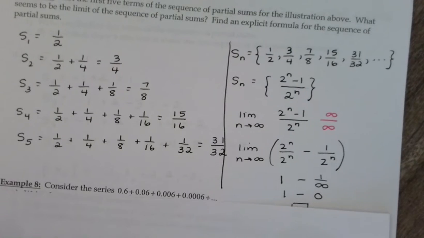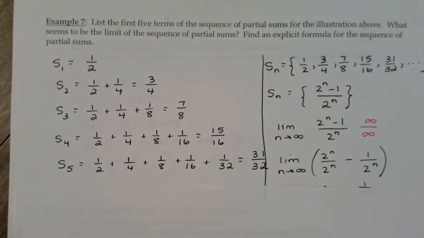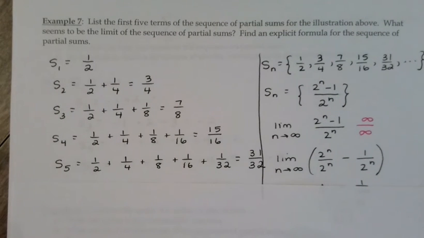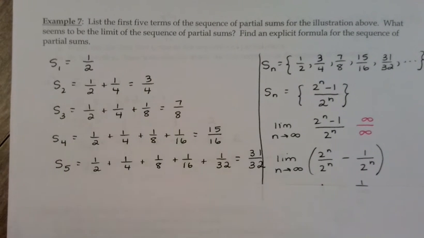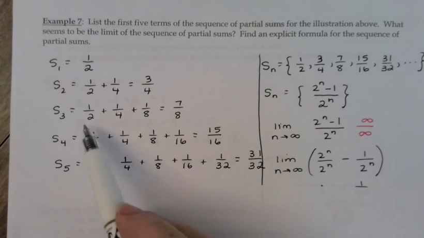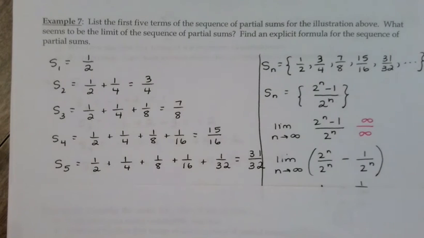All right, so let's take a look at this sequence of partial sums for our problem. Right? The first shaded area was just a half. The second shaded area was a half plus a fourth, right? And I'm just using all these values right from here. And then we had the third one, the first 3 terms, 4 terms, 5 terms, and so on.